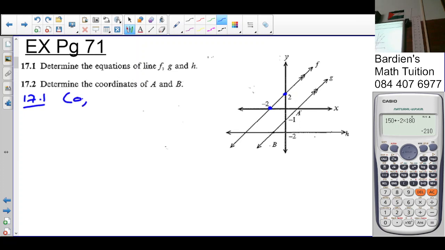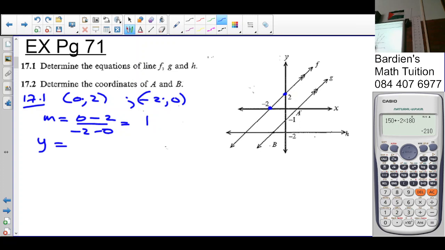The points are (0, 2) and (-2, 0). Gradient is y2 minus y1 over x2 minus x1, which is 1. So y is equal to, what's your y-intercept on the line of F? What's the y-intercept? 2. So y is equal to mx plus c. So y is equal to 1x plus c, which is 2.